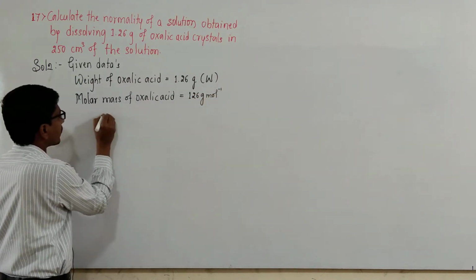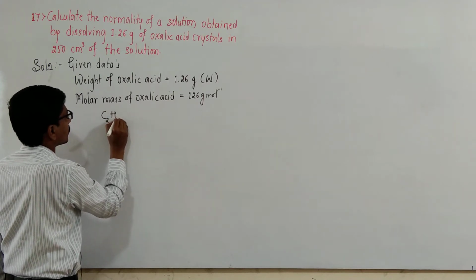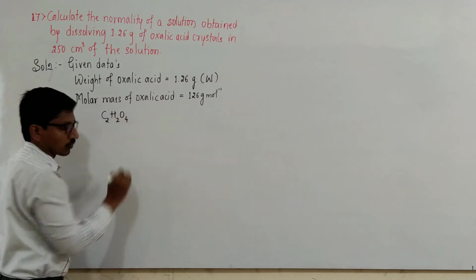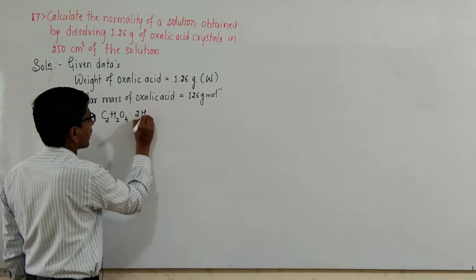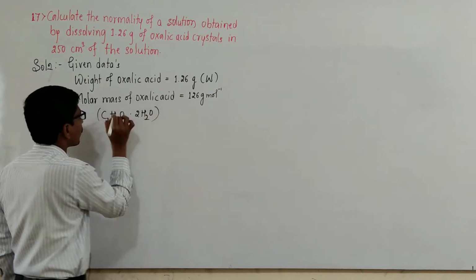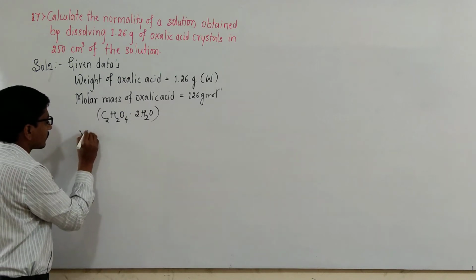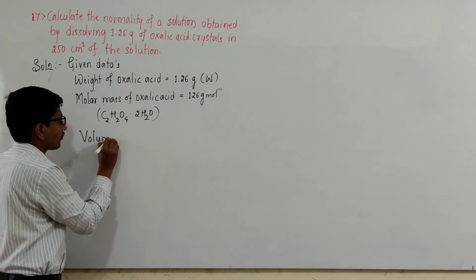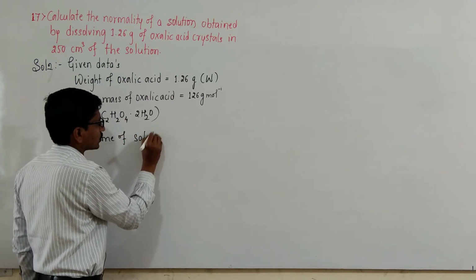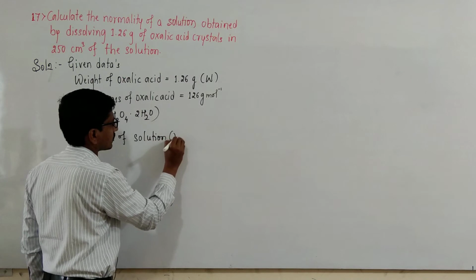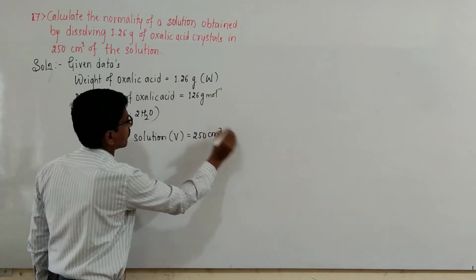Oxalic acid formula is C2H2O4. This is the oxalic acid, and in the crystalline form it is dihydrated. This is the formula for oxalic acid crystal. And volume of solution V is equal to 250 cm cube.